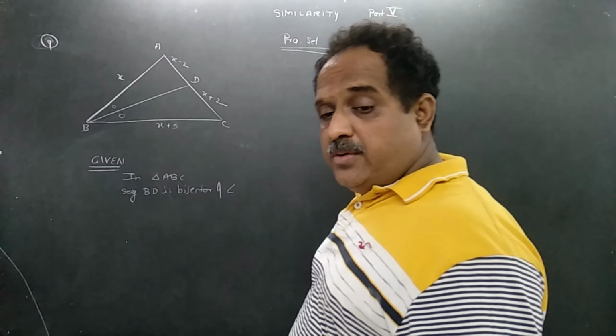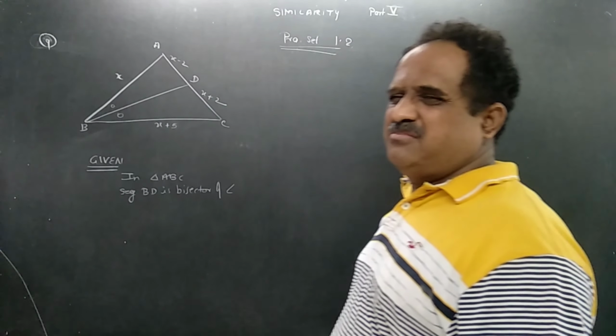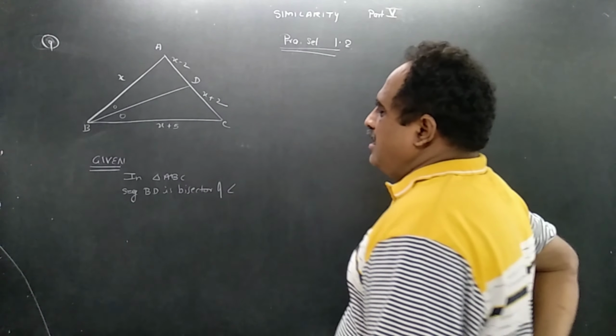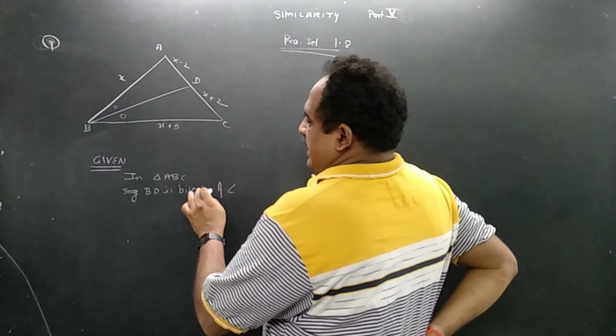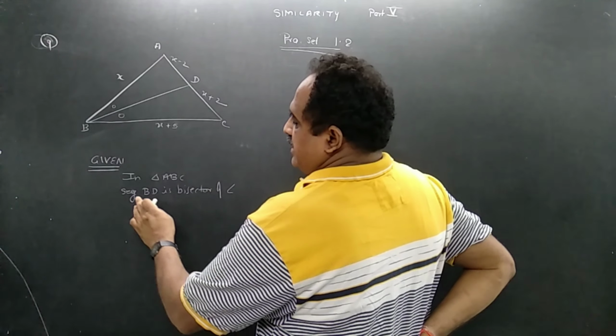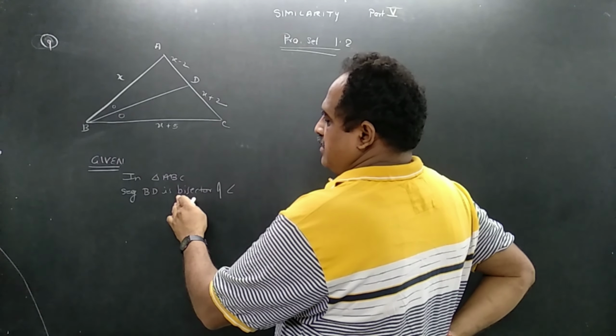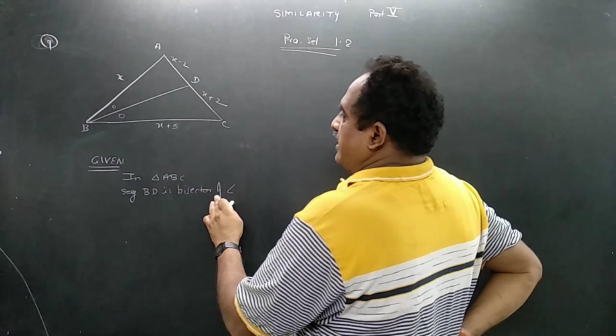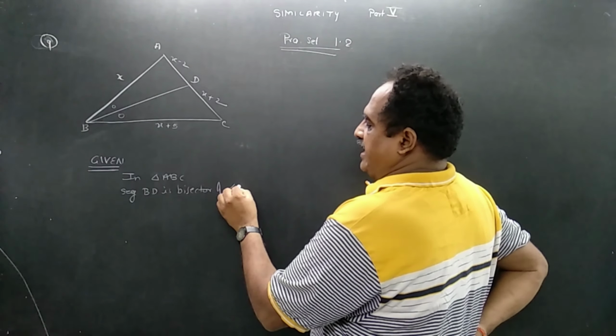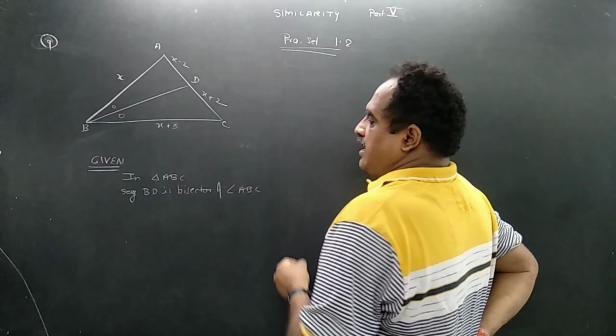And what is given to you? In triangle ABC, segment BD is a bisector of angle ABC.